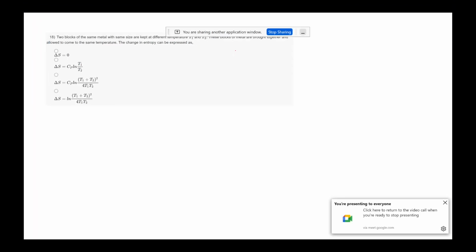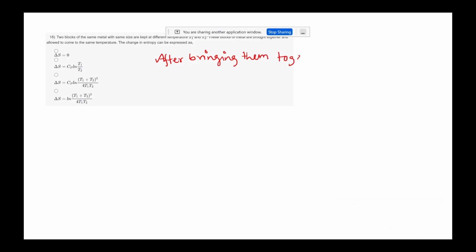Now answer me, Sachin, what will be the final temperature, the mixed temperature after bringing them together? Same material, same everything, same size, what will be the final temperature?